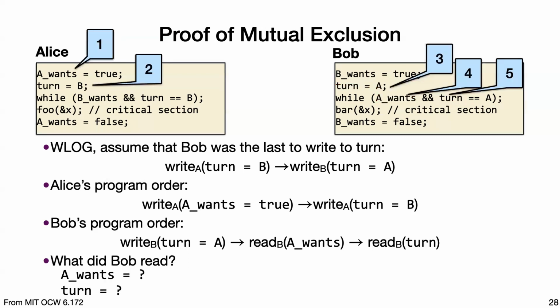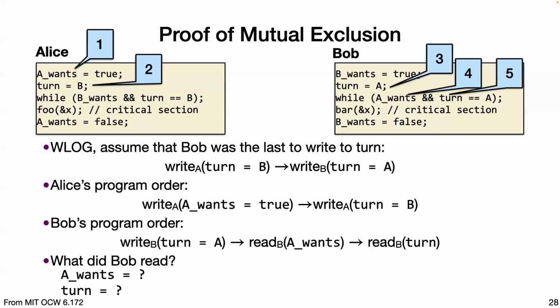If we combine them all, we can make some argument about what the values of things were. This happens first. A once is true. So A once is true happens before this one, happens before this one, happens before these two.